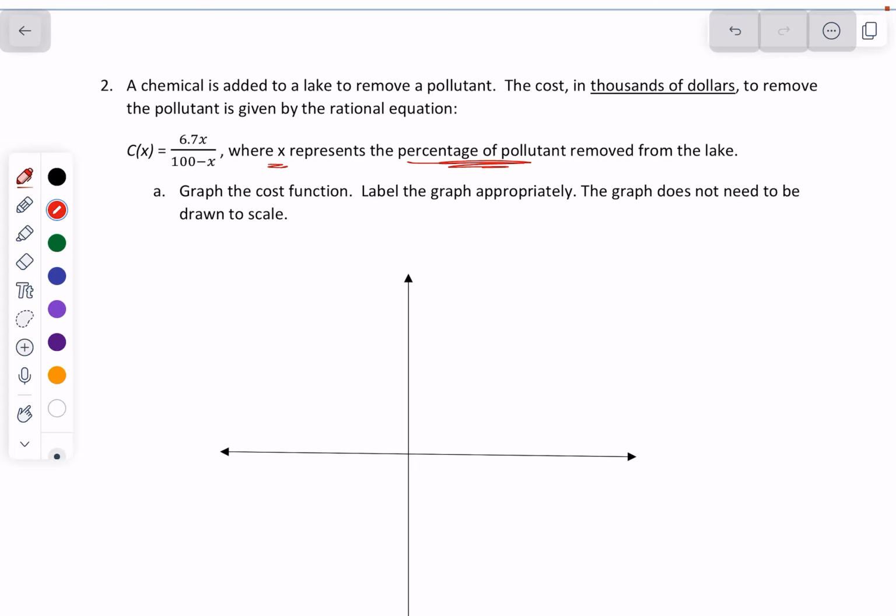So the idea is, we want X to be close to some sort of high percentage, right? Close to maybe 80% or 90%.